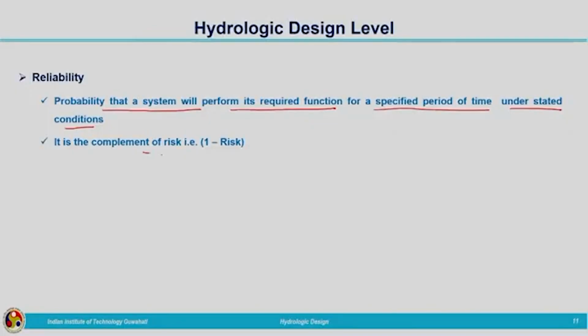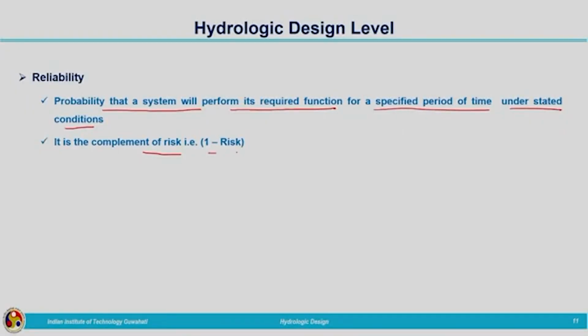It is the complement of risk. Risk represents the chances of failure, but reliability represents the proper functioning of the structure. So, we can write reliability as 1 minus risk, that is, total probability is 1, risk plus reliability is equal to 1. If risk is known to us, we can calculate reliability by taking 1 minus the risk value.